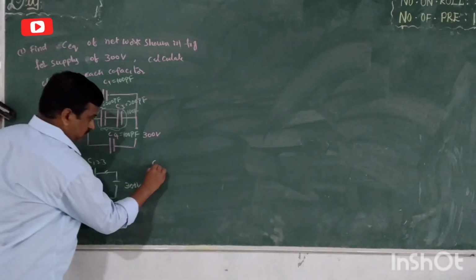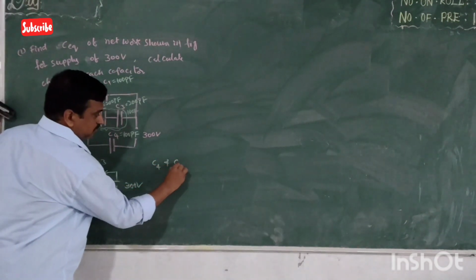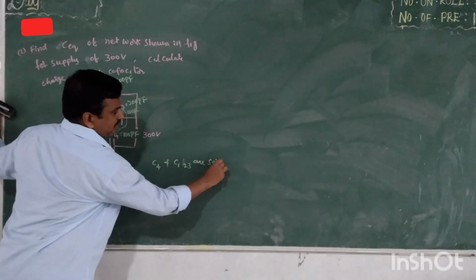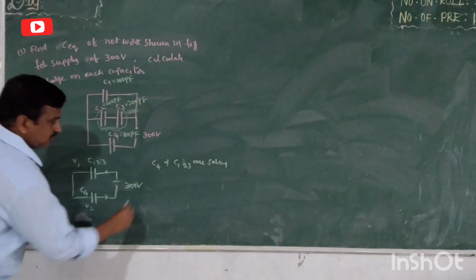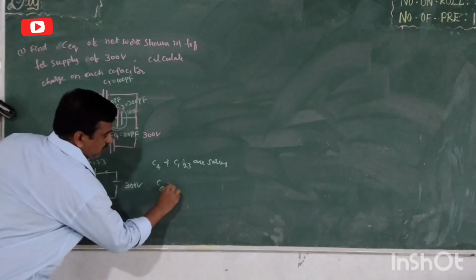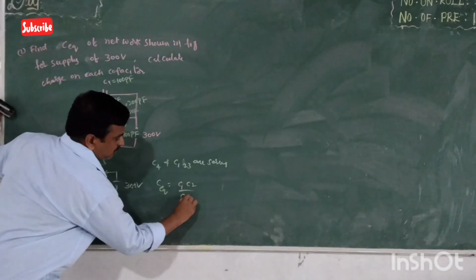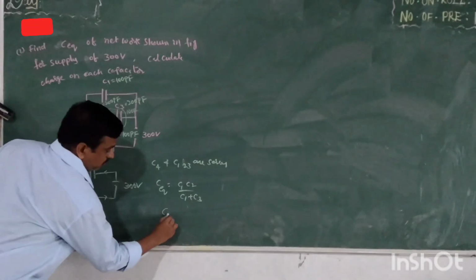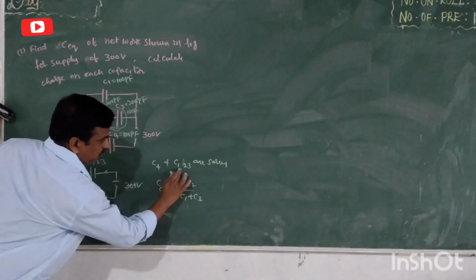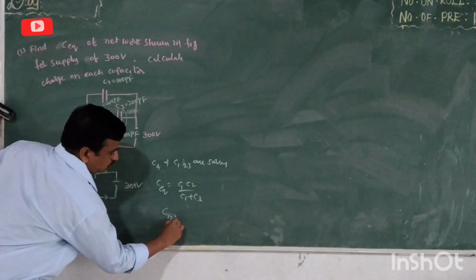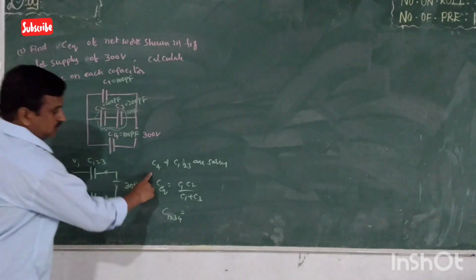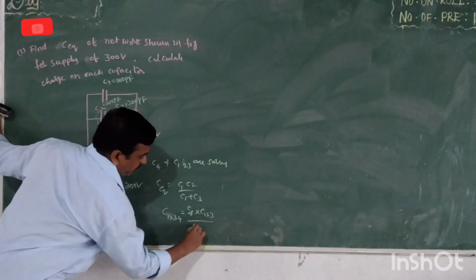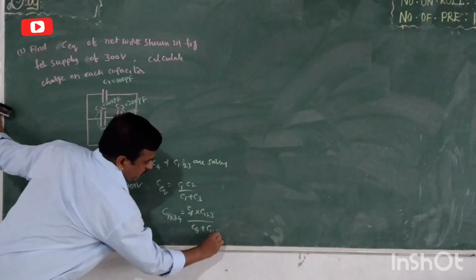C4 and C123 are a series connection. For series, C equivalent equals C1 C2 by C1 plus C2. So C1234 equals C4 into C123 by C4 plus C123.